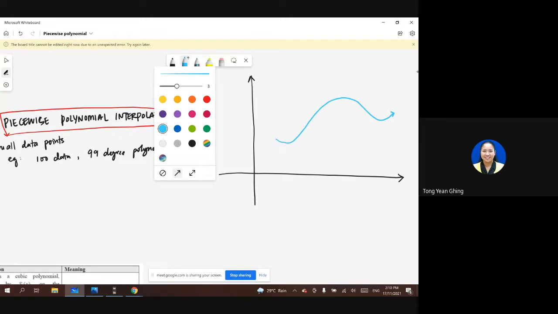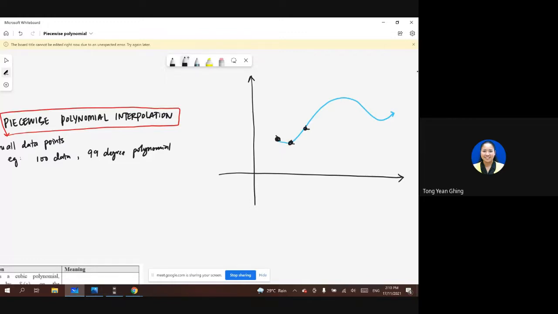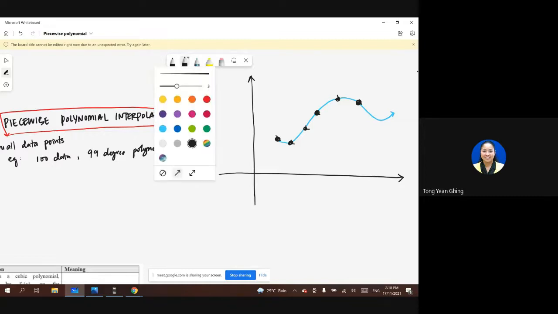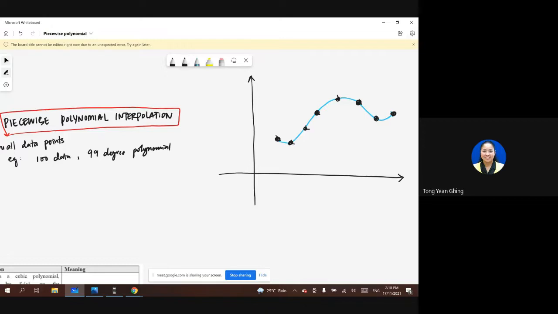And let's say we have point 1, 2, 3, 4, 5, 6. Oh, it turned into an arrow. No wonder. Okay, let's say this one. We have 1, 2, 3, 4, 5, 6, 7, 8. 8 data points. We want it passing through all the points.